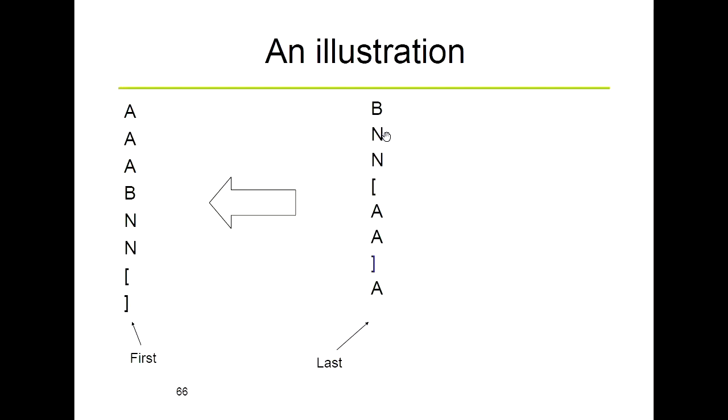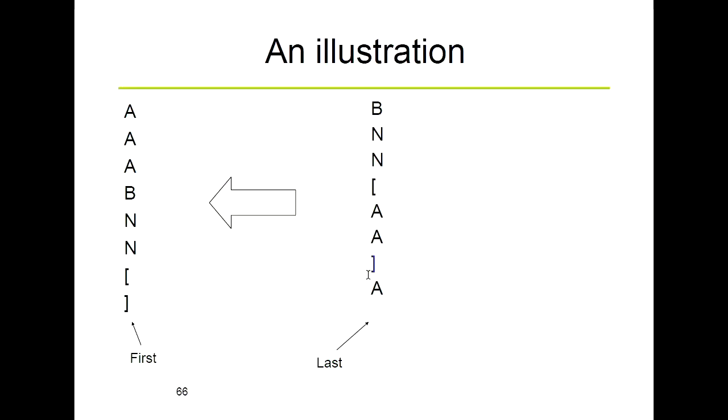So I can list it like that: this is your last column, this is your first column, and we start with the closing bracket. With these two columns, how are you going to find the letter before the closing bracket?